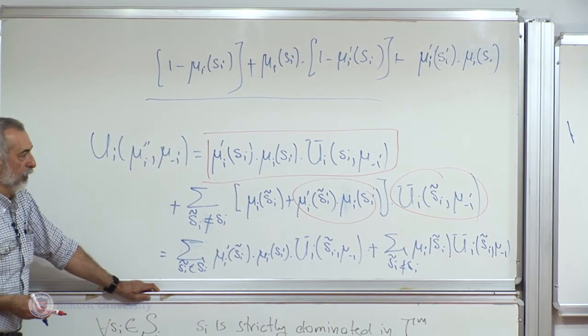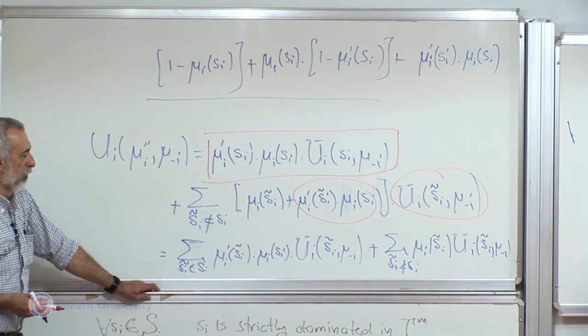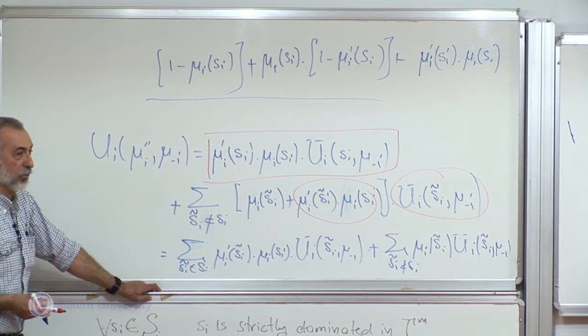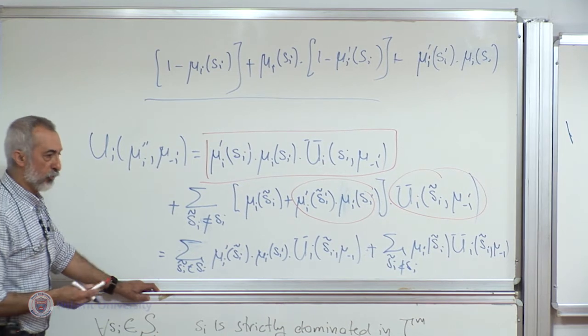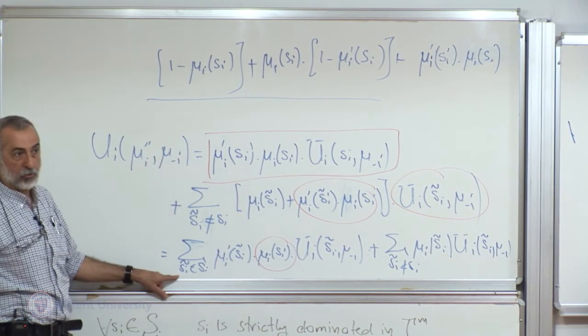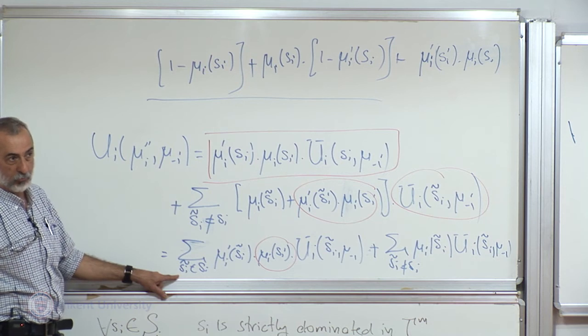Okay, so what do we have? What can we do now? Any suggestions? The first thing to notice might be this term does not depend on S_i tilde, which the summation is taken over, right?